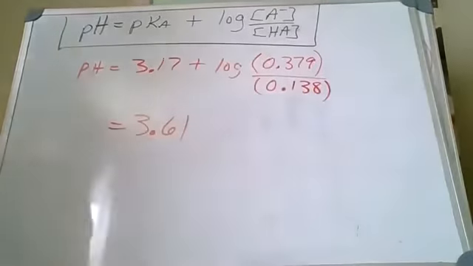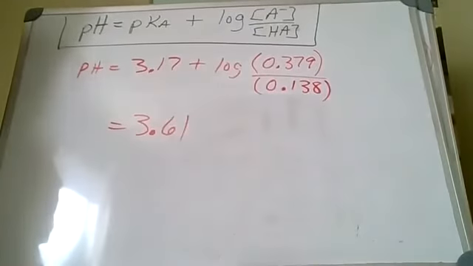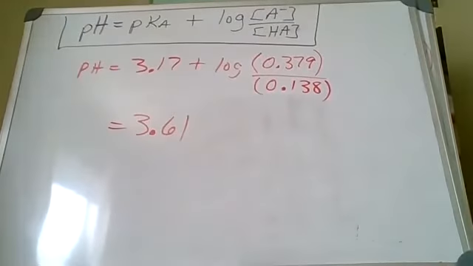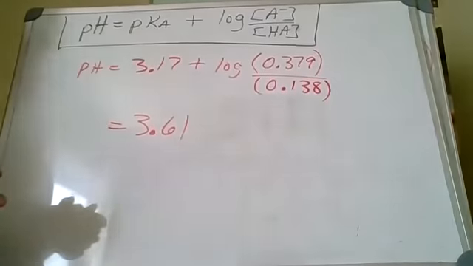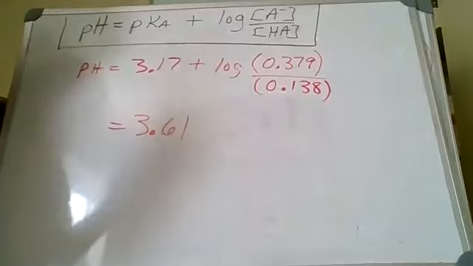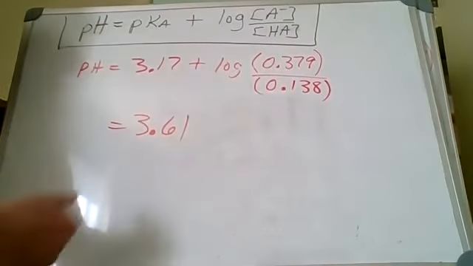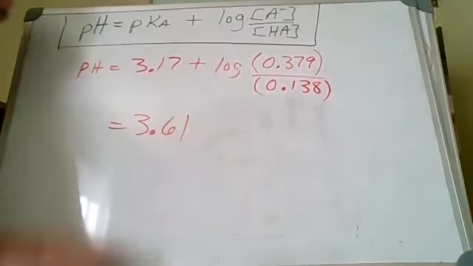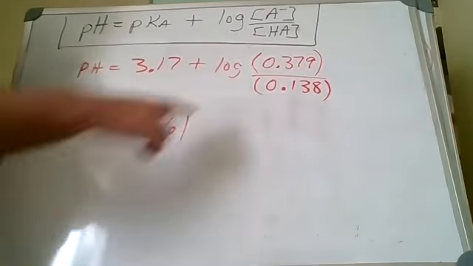Now, in practice, if you ever have to calculate the pH of a buffer solution, you're going to use the Henderson-Hasselbalch equation. But you have to remember to put the diluted concentrations in there. But in practice, when you're making a buffer solution, any biology lab worth its salt will have some reference book where you can just look up and it will say, mix this many mils of the free acid solution and this many mils of the conjugate base solution.